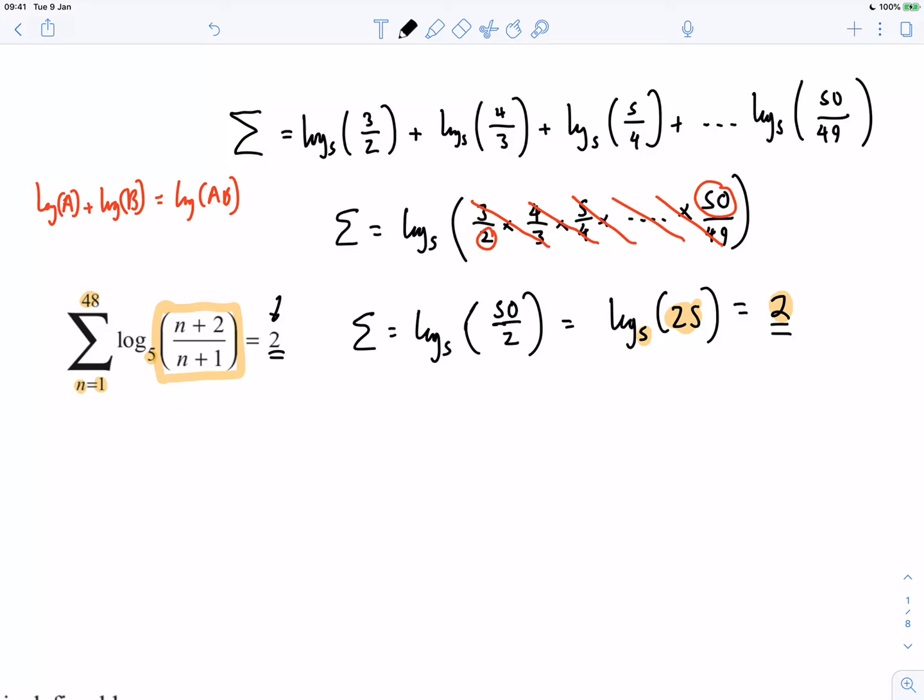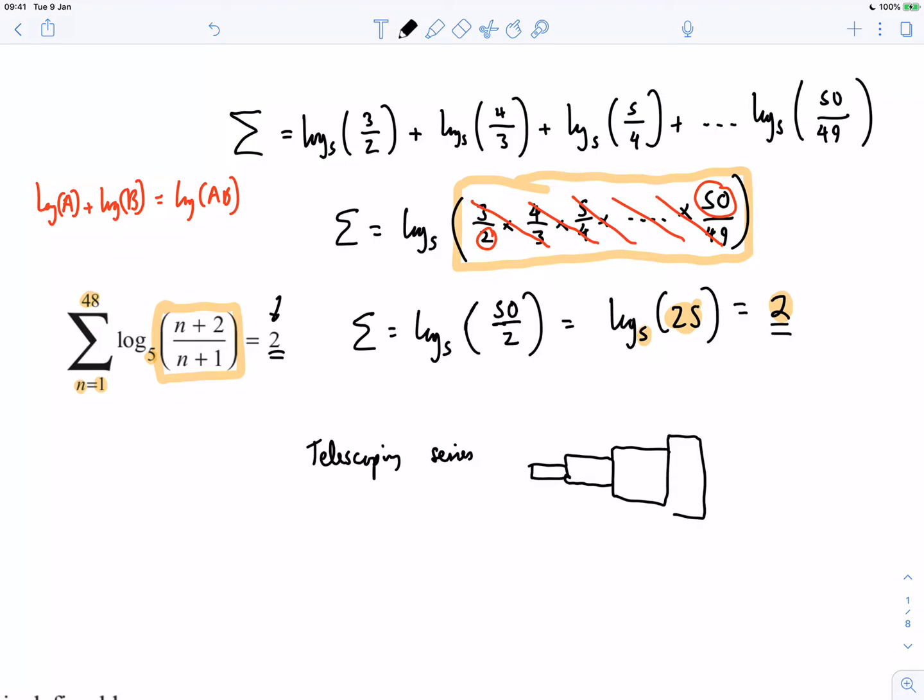Couple of points. Notice how with this the terms cancelled, and what we call this in particular is a telescoping series, a telescopic series, because if you imagine a telescope with its individual parts like that.